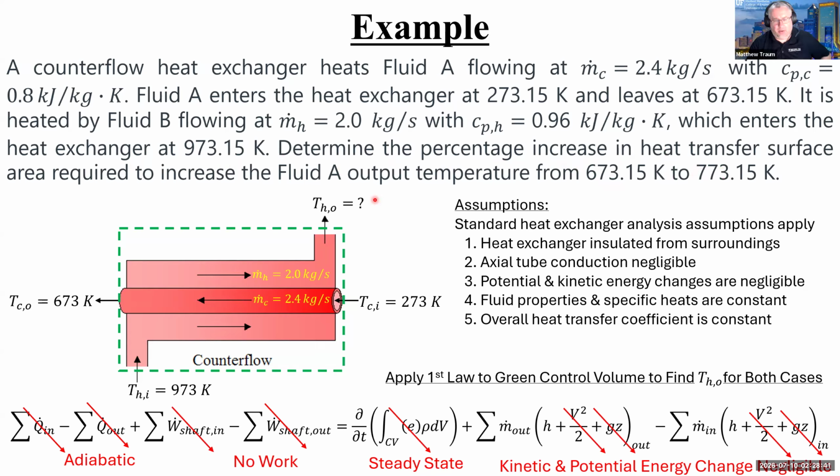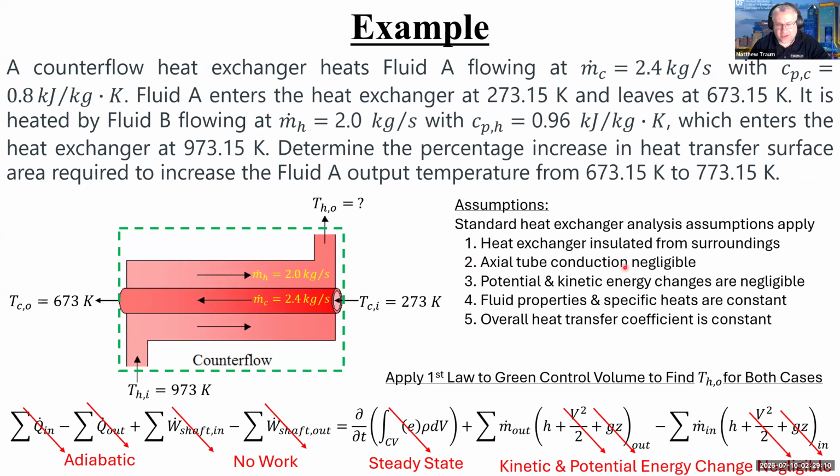Okay, so let's make our standard assumptions. These are just the standard heat exchanger analysis assumptions that you should always make when you jump into a heat exchanger problem, unless you're told otherwise. We're going to assume that the heat exchanger is insulated from the surroundings, so we don't have any heat transfer out other than the heat transfer that's internal from the hot stream to the cold stream.